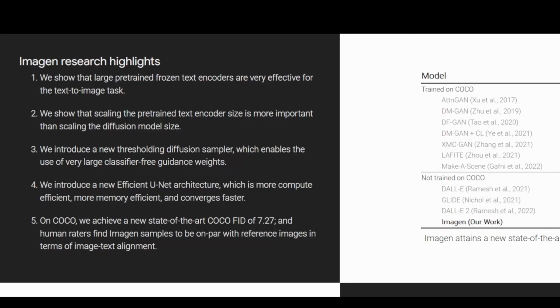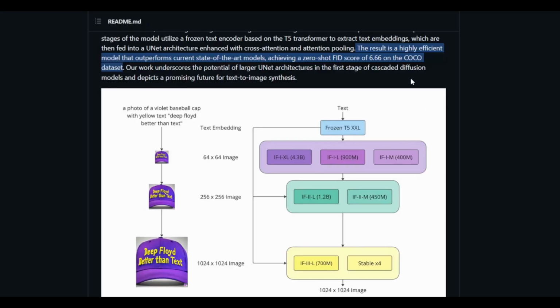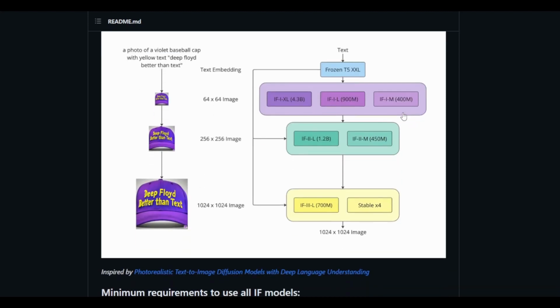Yeah, Imagen could only get 7.27, so Stability AI kind of wins this time. So on a serious note, yes, this is a serious system with multiple diffusion models, multiple sizes from 400 million parameters to 4.3 billion parameters at the initial stage, and then you have the upsampling models as well.